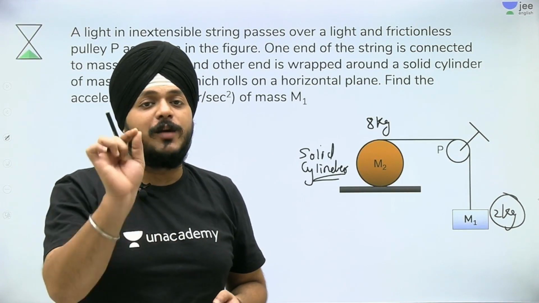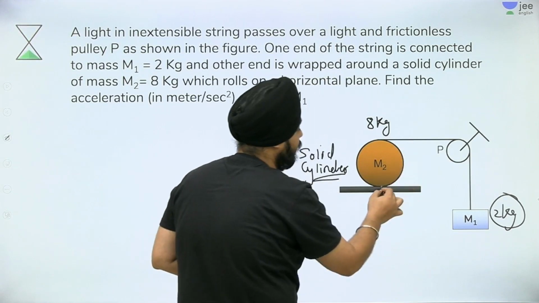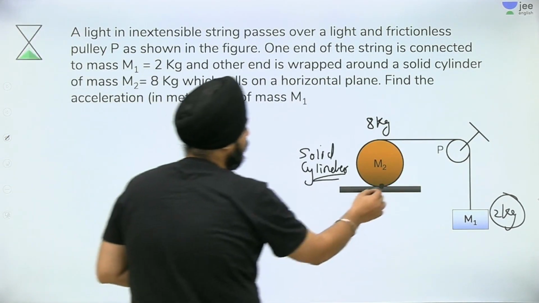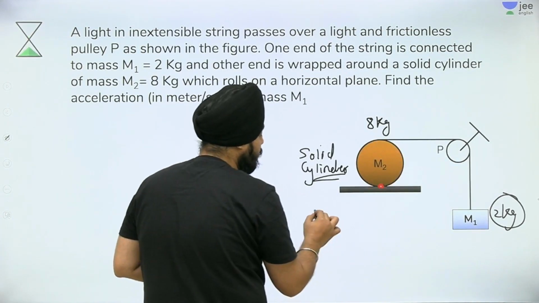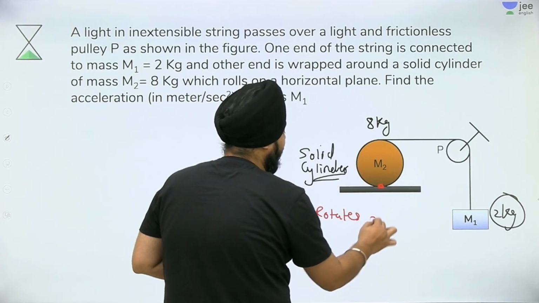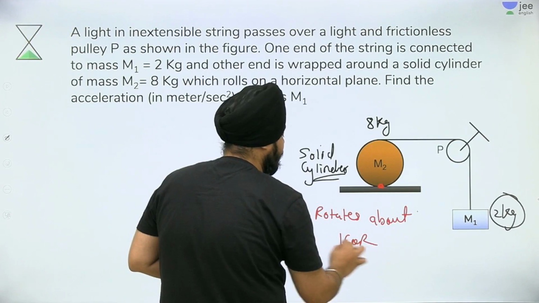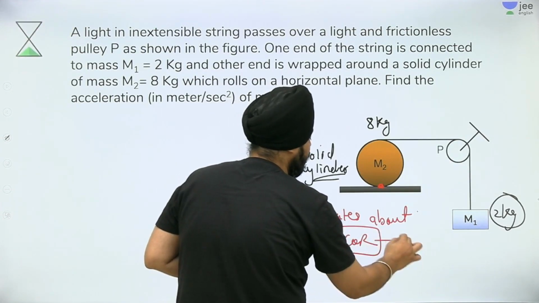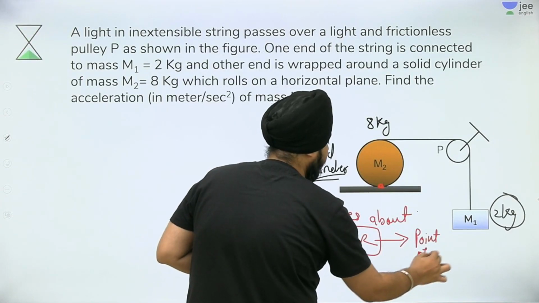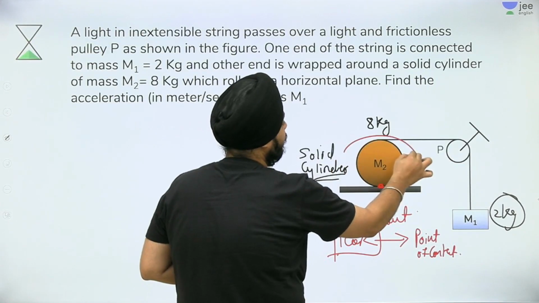The most important note is that whenever we have this kind of situation, the object always rotates about the instantaneous center of rotation, or you can also say the point of contact. It will be like this way.